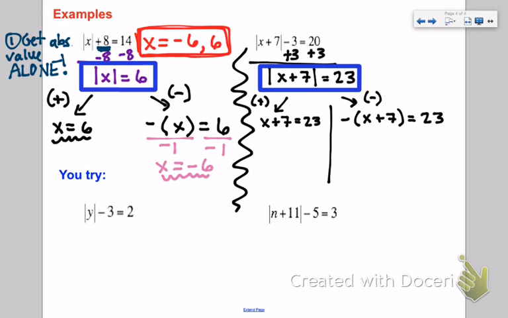Now let's go ahead and solve both of them. So if we look at the left side first, my positive case, I need to subtract 7 from both sides in order to get x alone. So I get x is equal to 23 minus 7, which is 16.